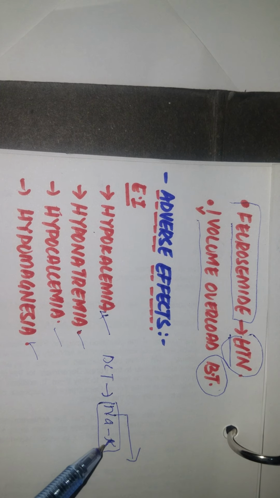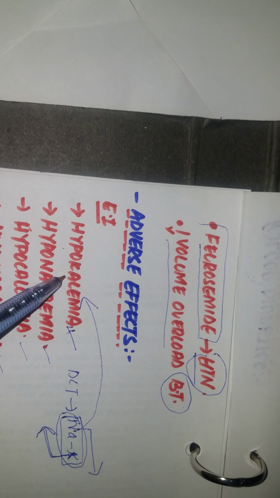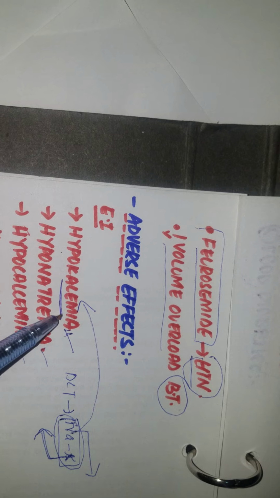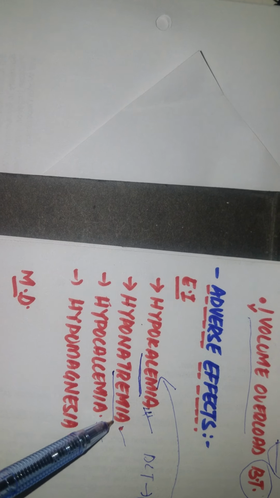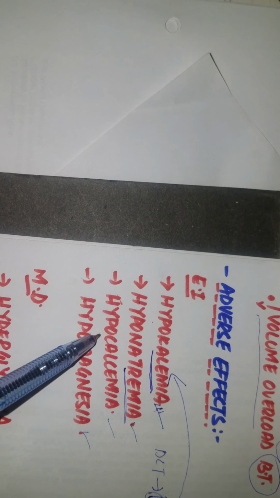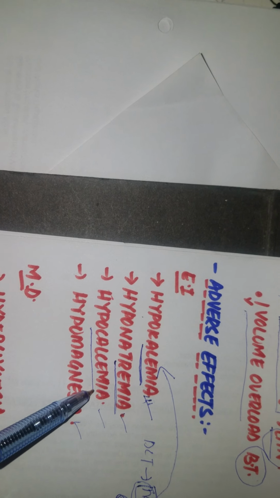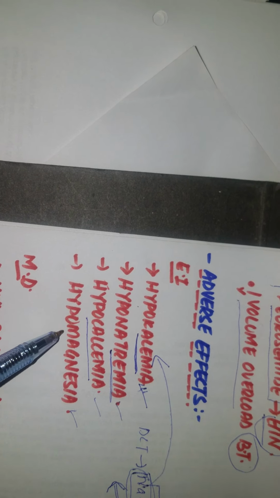So increasing its activity will increase the loss of potassium, leading to hypokalemia, which is a very important causative agent of arrhythmia. The next one is hyponatremia because they excrete the sodium. The next one is hypocalcemia because of excretion of the calcium, and similarly hypomagnesemia.